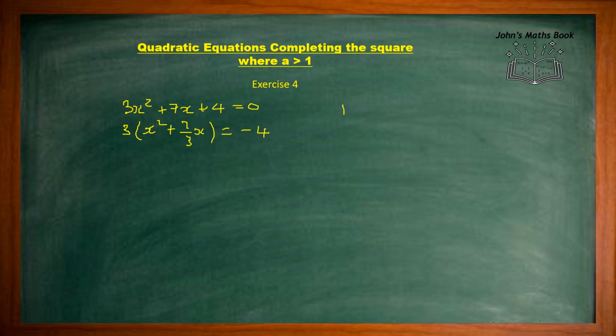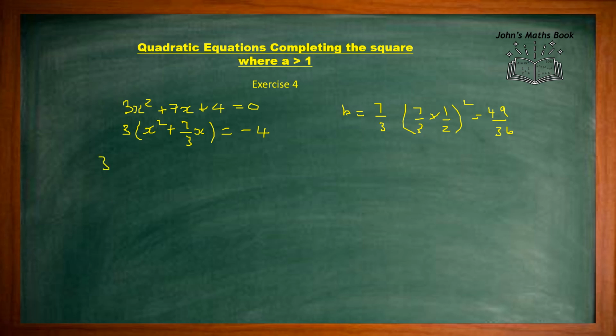So b is equal to 7 divided by 3. So half of b, 7 divided by 3 times half, squared, equals 49 divided by 36. So we add that to both sides.